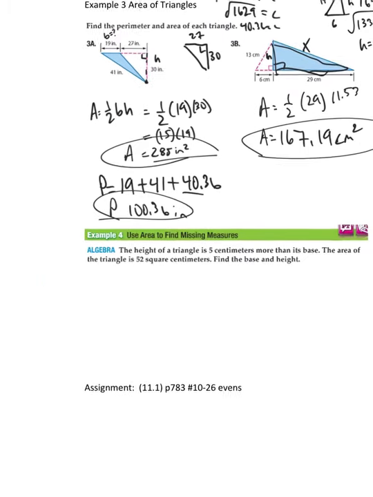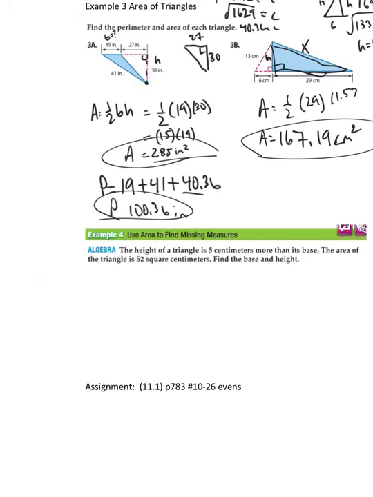Word problem here, guys. The height of a triangle is 5 centimeters more than its base. So let's draw a triangle. Poorly drawn triangle. Even more poorly drawn, because this iPad has caused me some very serious struggles.